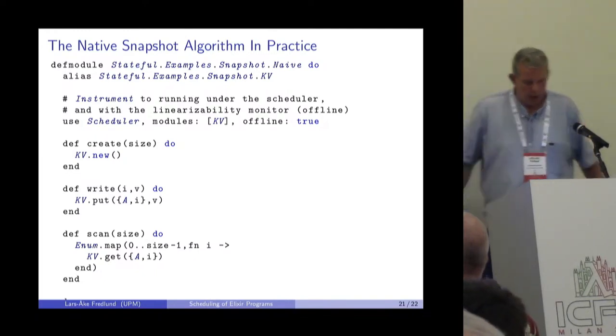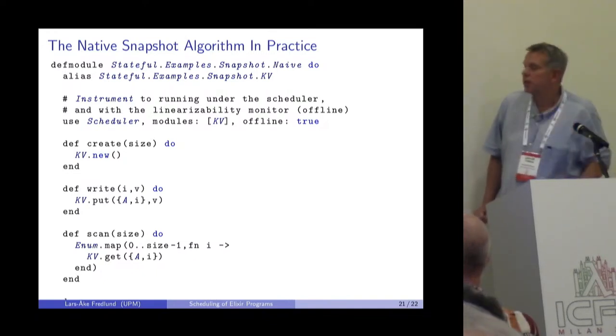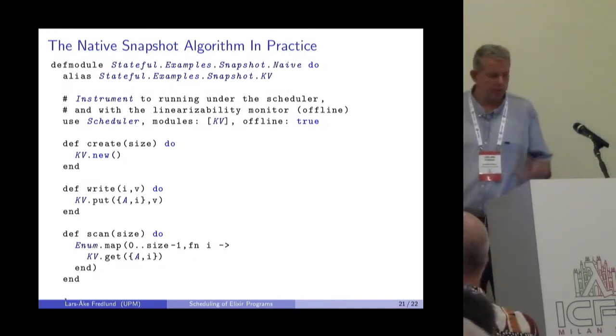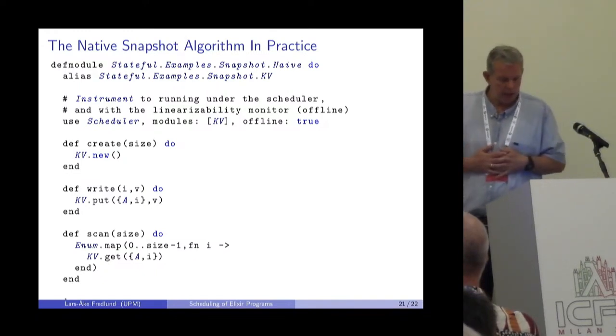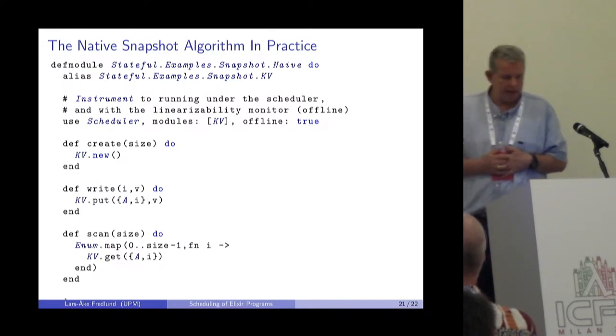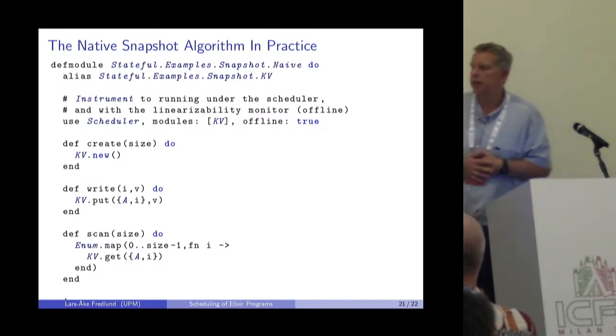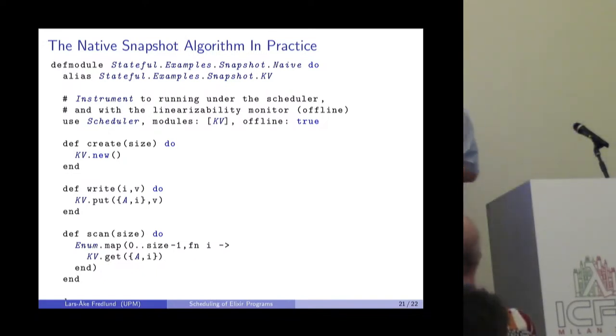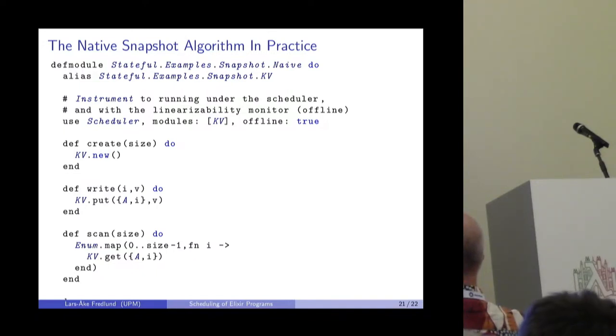Okay? So, as a last slide, what is needed to use this tool? Well, it's not so much. Here you have a little bit more stylized, the main implementation. The only thing that one really needs to do is this line here, use scheduler, with an option module saying that you should control all functions executed in the KD module, so they should always be under permission.